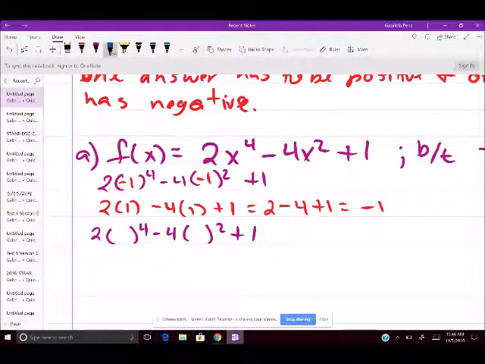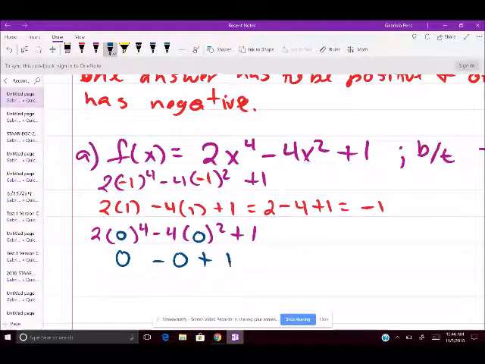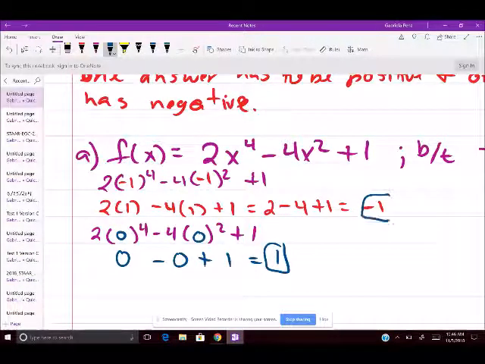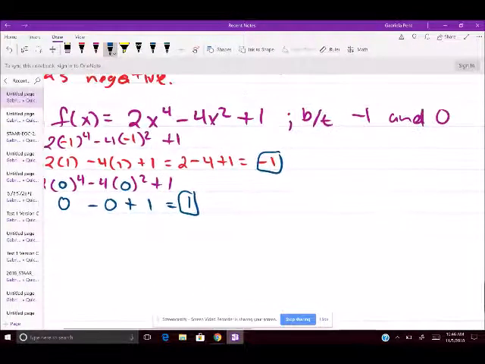So now I'm going to try it with a 0. 0 to the 4th power? 0 times 2? 0. This also becomes a 0 plus 1. This answer becomes a 1. So here's one answer, here's one answer. Is one a negative and one a positive? Yes. So your answer, the way it's going to look, at the very end it'll say yes.